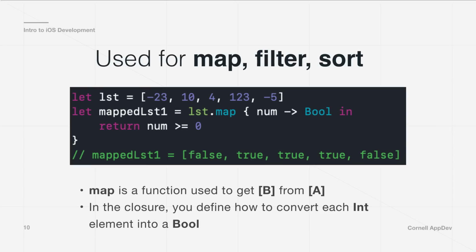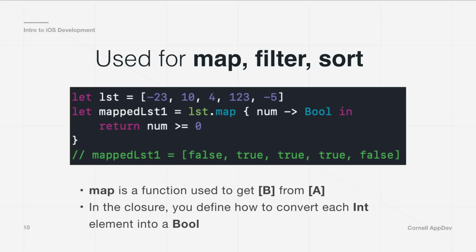So if you look at the screenshot, list is an array of integers, and then on the next line we do list.map, and then we have a closure here that takes in one argument and returns a boolean. So all this is doing is it's going to loop through all the elements in list and then map that integer to a boolean value. So let's say we start with negative 23.